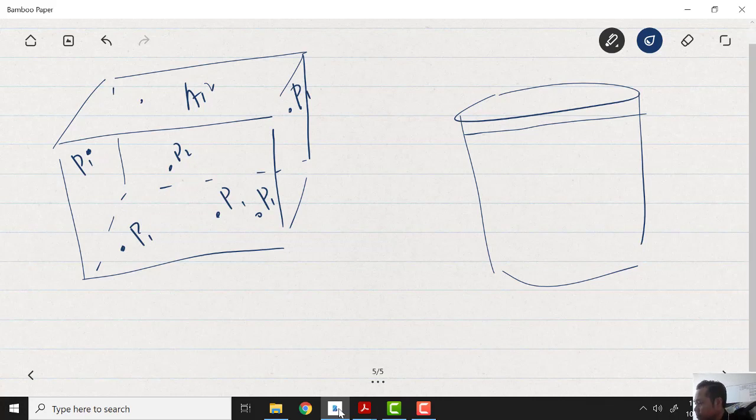For liquid, only the pressure along the same horizontal line is the same. If you go deeper, for example in this water, the pressure will become higher.